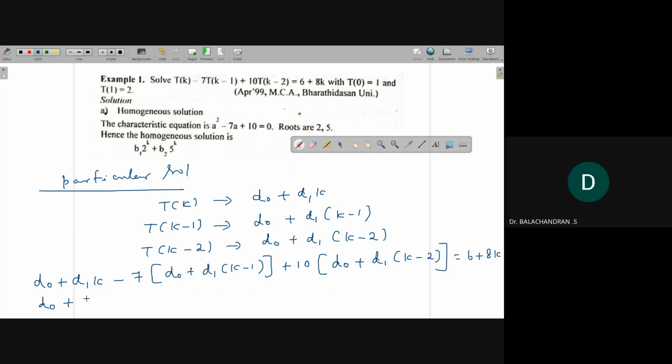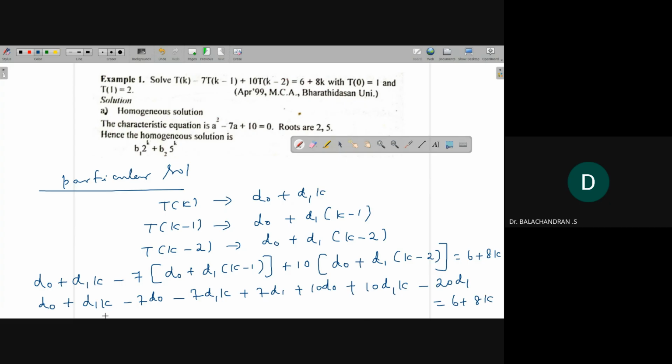So d naught plus d1k minus 7 d naught minus 7 d1k plus 7 d1 plus 10 d naught plus 10 d1k minus 20 d1, which is equal to 6 plus 8k.